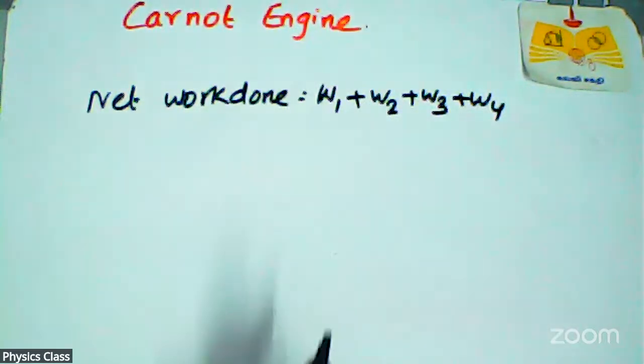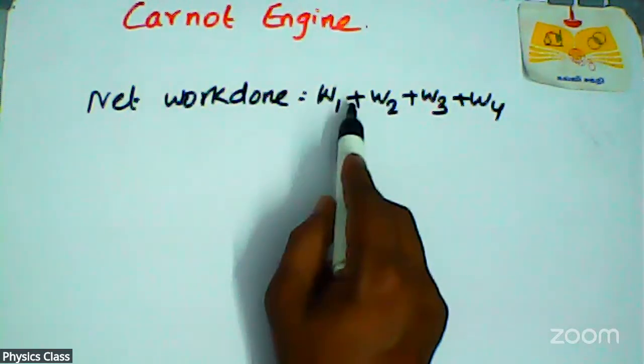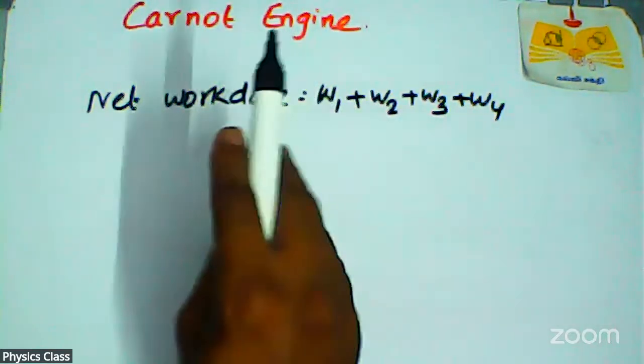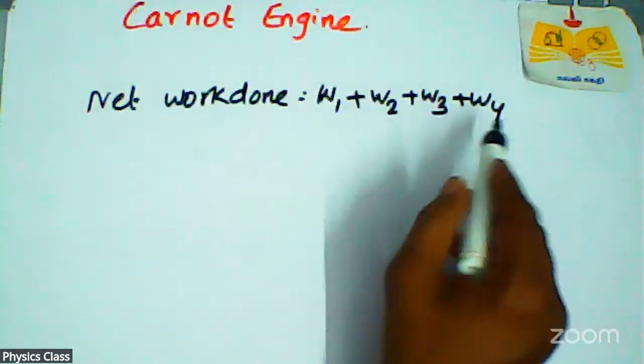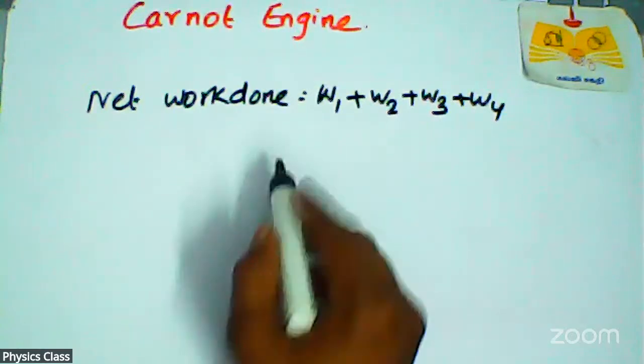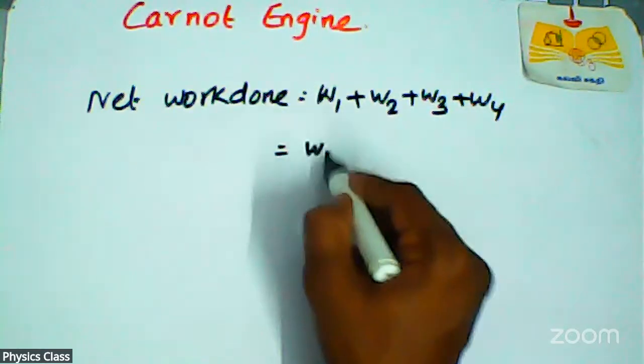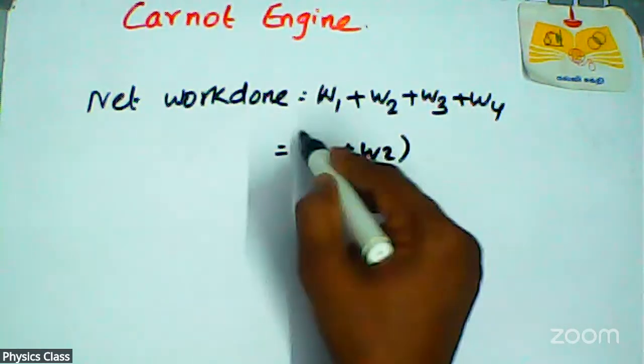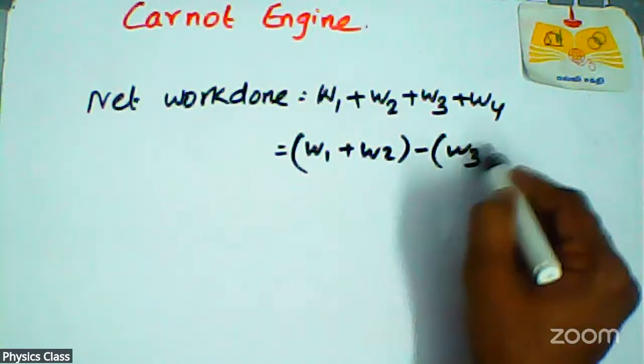But these two processes are expansion and these two are compression, which are in the opposite direction. So we write it like this: W1 plus W2 minus W3 plus W4.